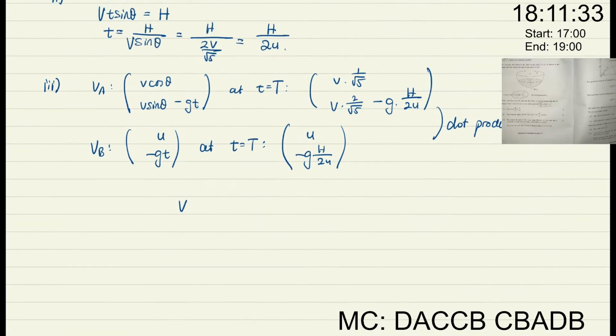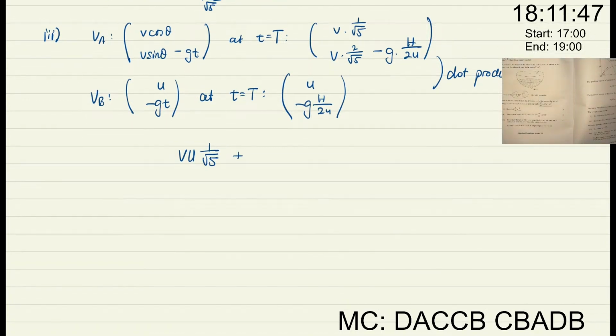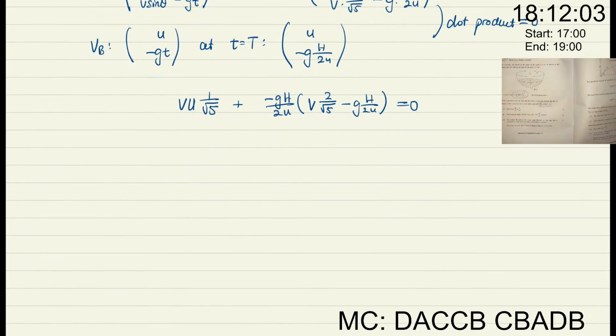I think I've lost track of whether we should write v or u, but you know what, we'll deal with that in a second. Vu, 1 on root 5, plus those guys multiplied together. It's kind of messy actually. My u's and v's are starting to look the same now. Let's just turn the v's into root 5u. Should have done that a little bit earlier.